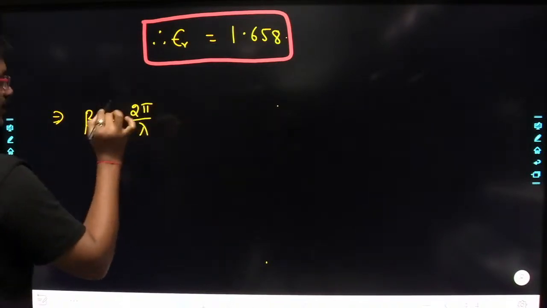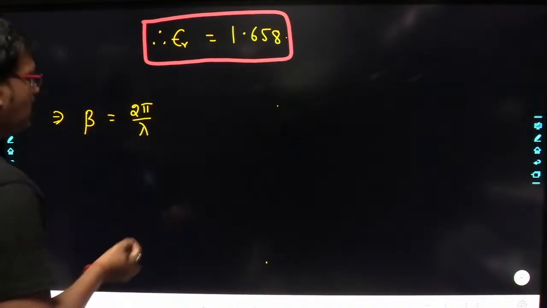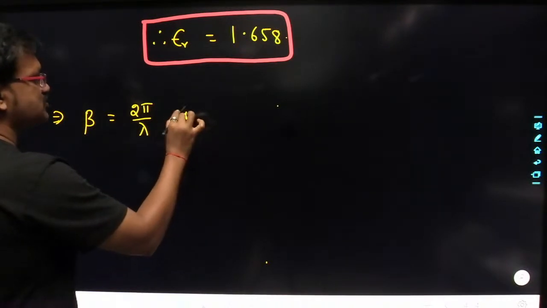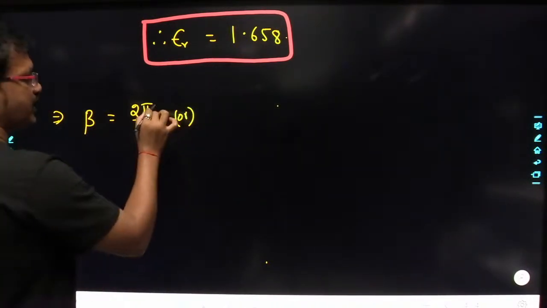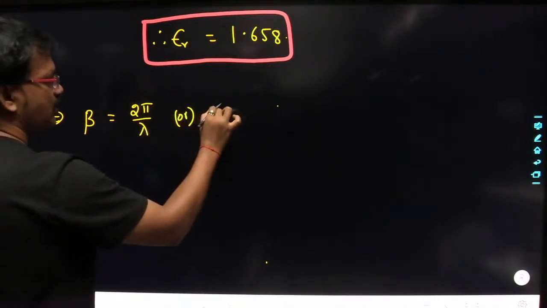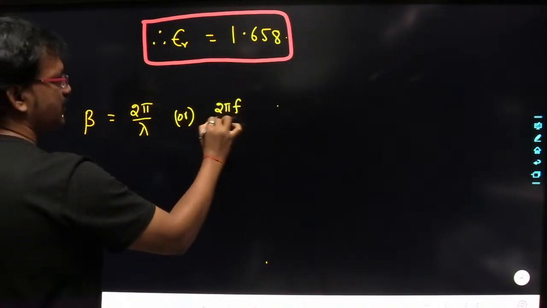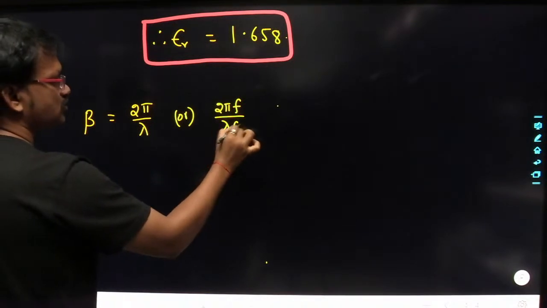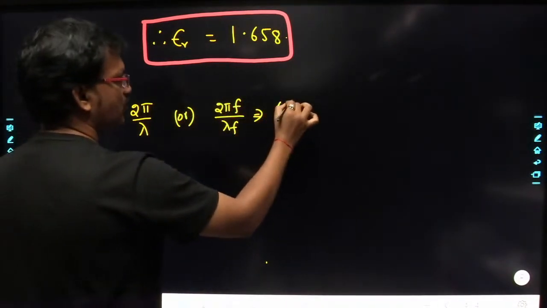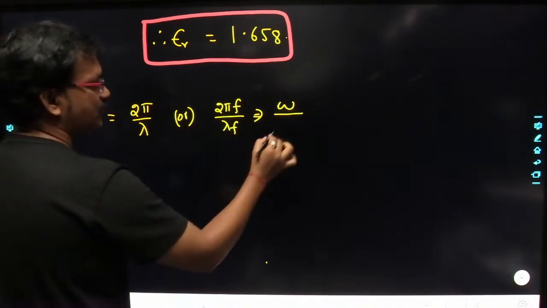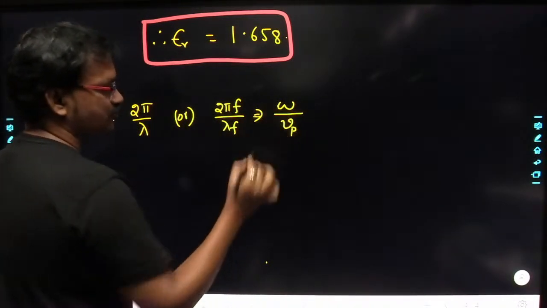Or I can write this by multiplying numerator and denominator with f. So 2 pi f is nothing but omega, divided by lambda into f, which is nothing but the phase velocity of the wave.